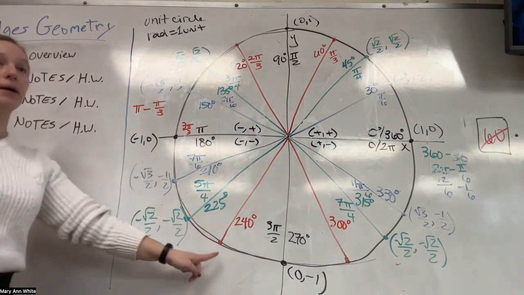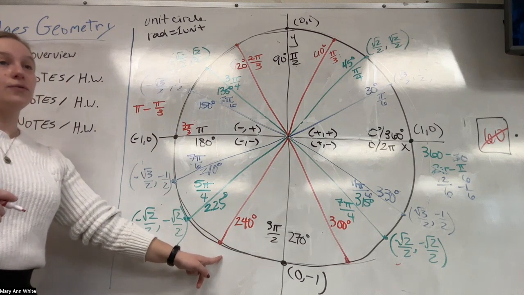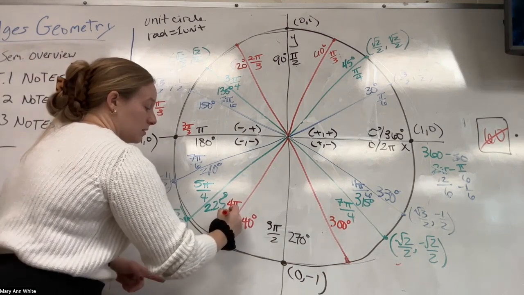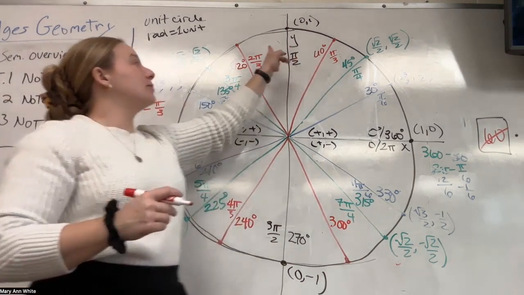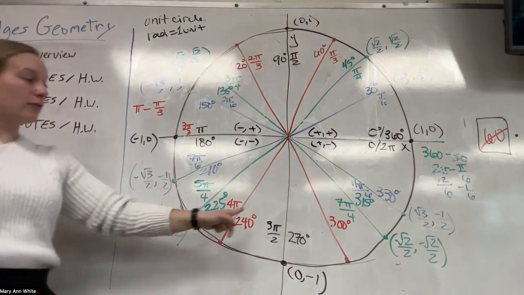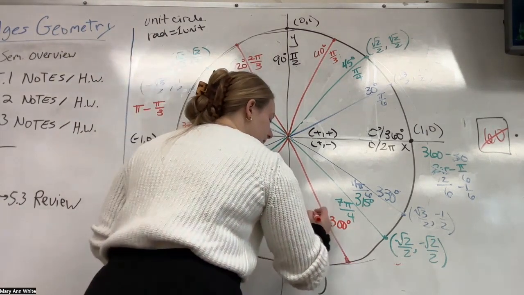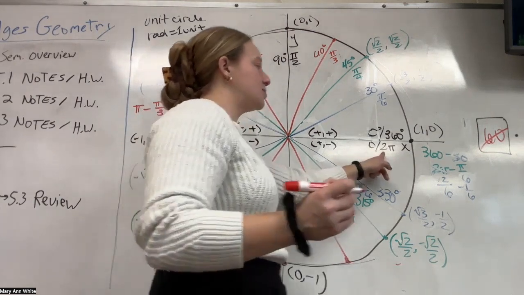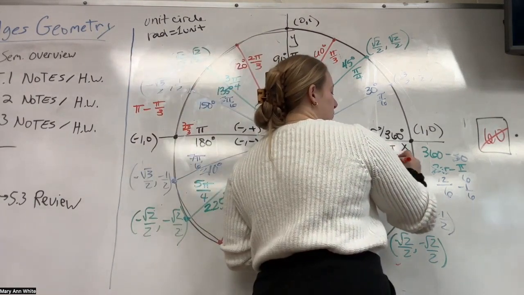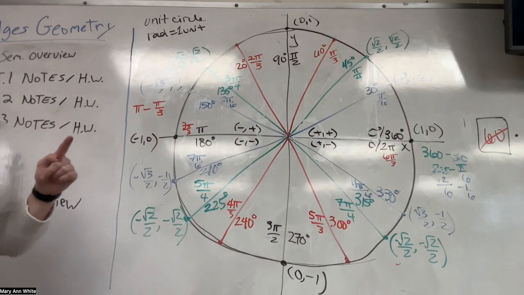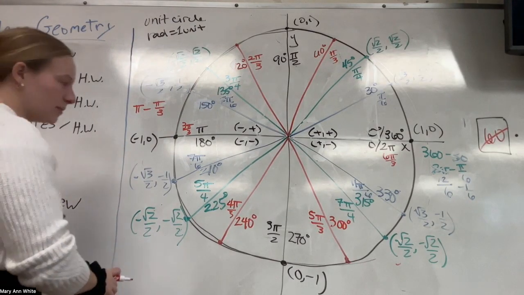So what's the next one going to be? 4 pi over 3. We went 1 pi over 3, 2 pi over 3, 3 pi over 3, 4 pi over 3. What's this one going to be? 5 pi over 3. Which makes sense because 2 pi is the same thing as 6 pi over 3. You don't need to write those 6 pi over 3 and 3 pi.